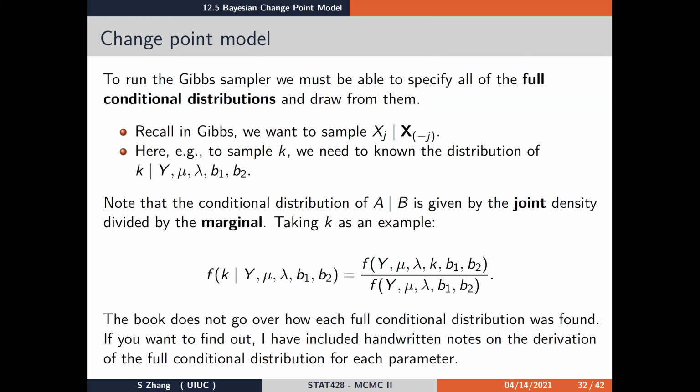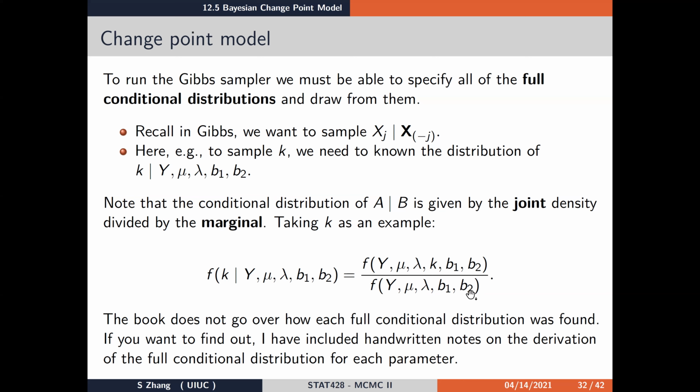So here, taking k as an example, the conditional distribution of k given y, mu, lambda, b1 and b2 is equal to the joint distribution of y, mu, lambda, k, b1 and b2 divided by the marginal distribution of y, mu, lambda, b1 and b2, with no k here.